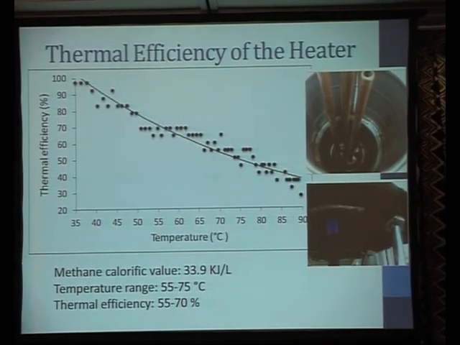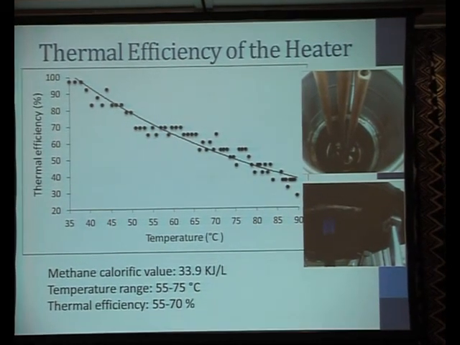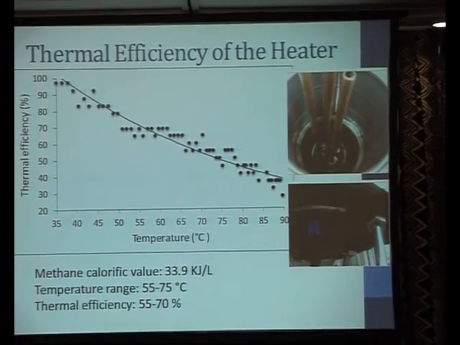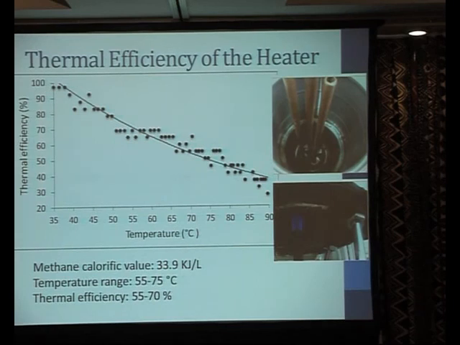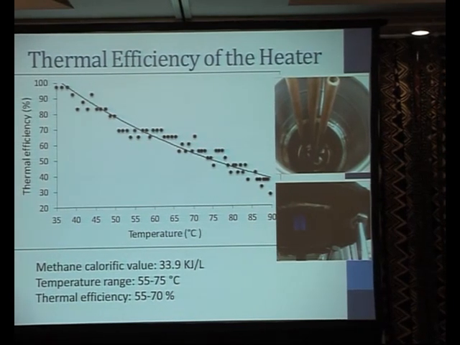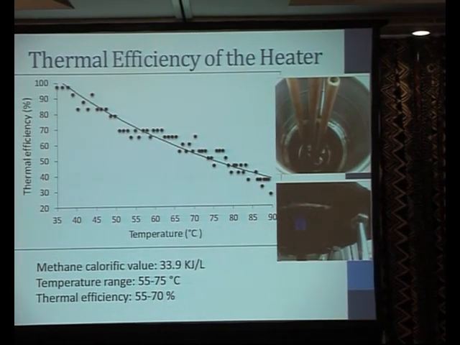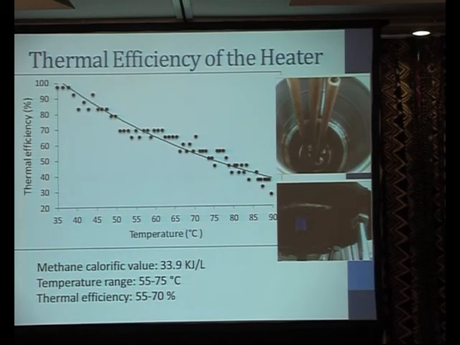We tested the thermal efficiency of our version 1 heater as a function of temperature. And here the efficiency is essentially how much methane we burn. I'm sorry, the heat we gained divided by how much methane we burn, with the proper units.